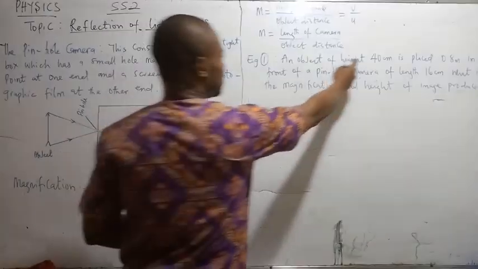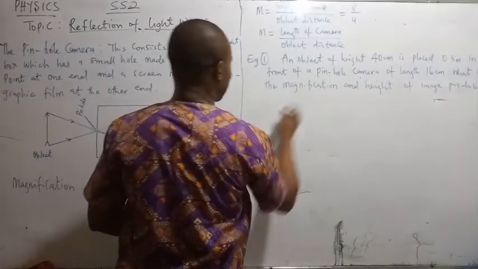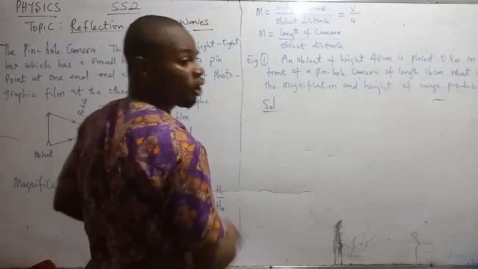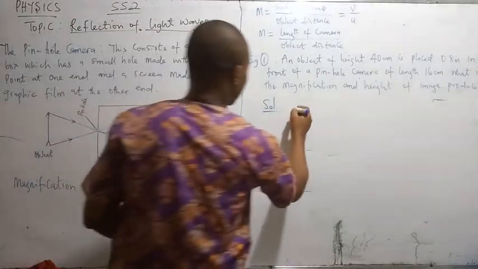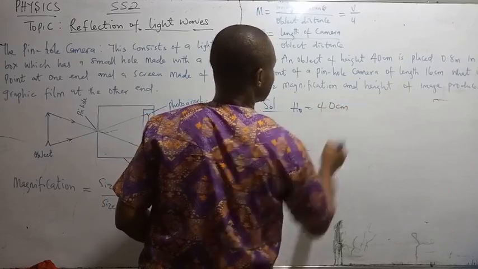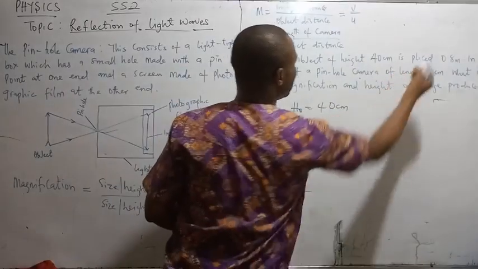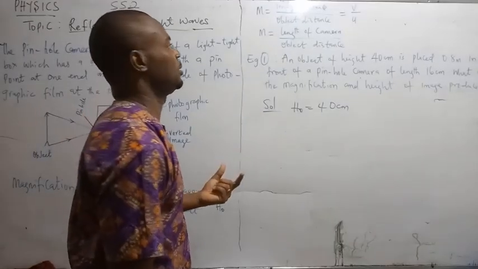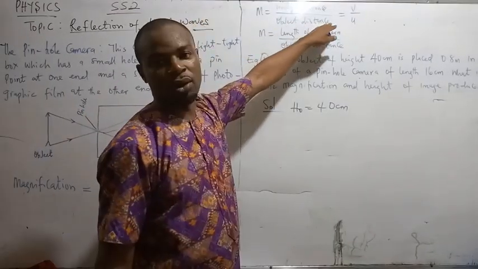Looking at the first quantity given here, we can abbreviate that using HO because it's height of the object. So we write that our HO is equal to 40 centimeters. The next parameter is placed. That means this object is placed 0.8 meters, and that should be our what? Object distance.